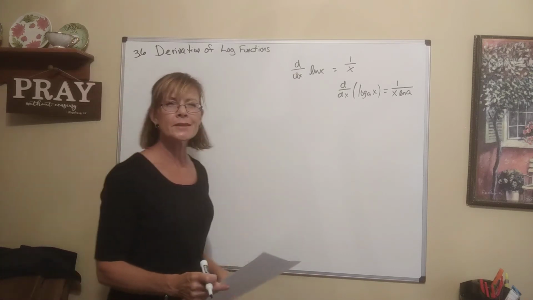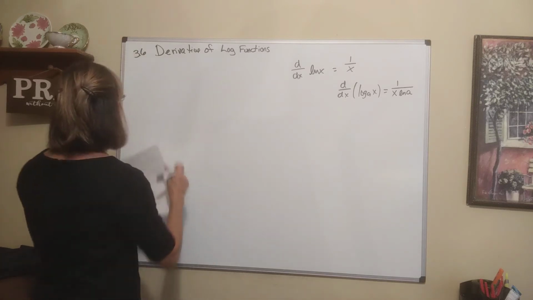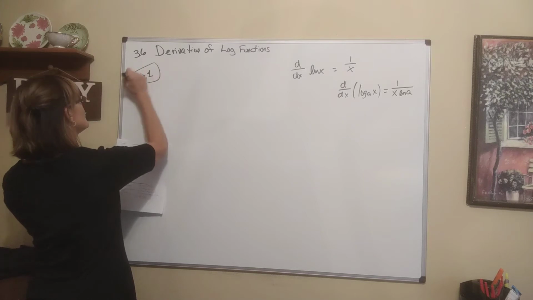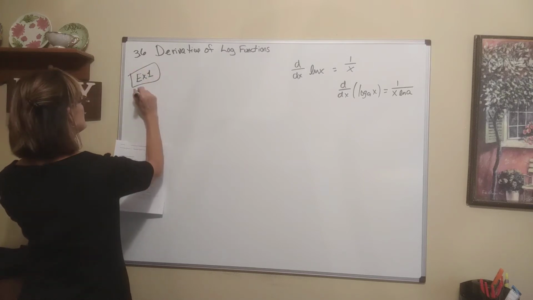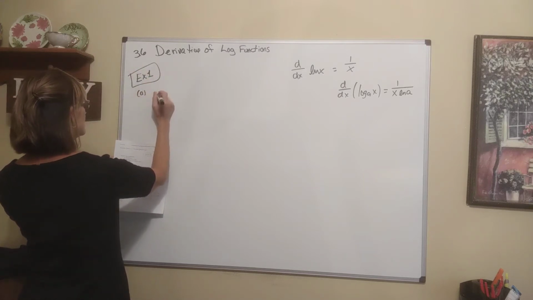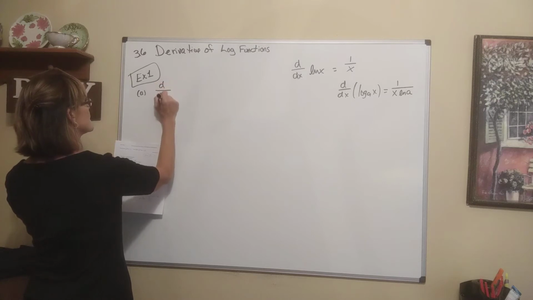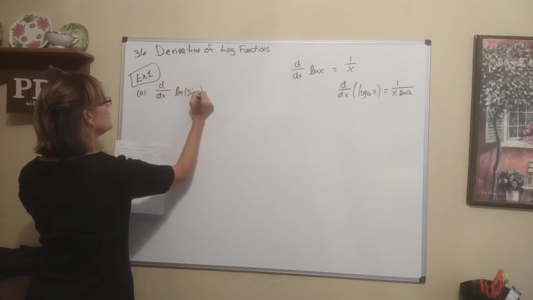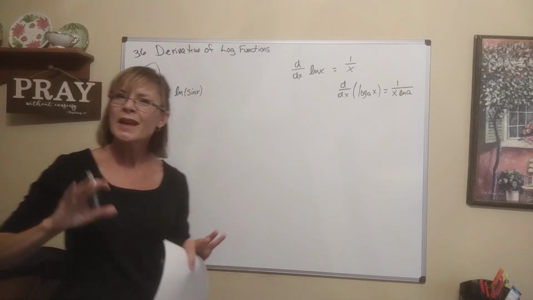So here are some really easy, quick examples to get us going. Here's example 1. We have to take the derivative of some functions that involve a log. For a, we have to find d/dx of the natural log of the sine of x. Immediately they hit us with chain rule, but that's no big deal.